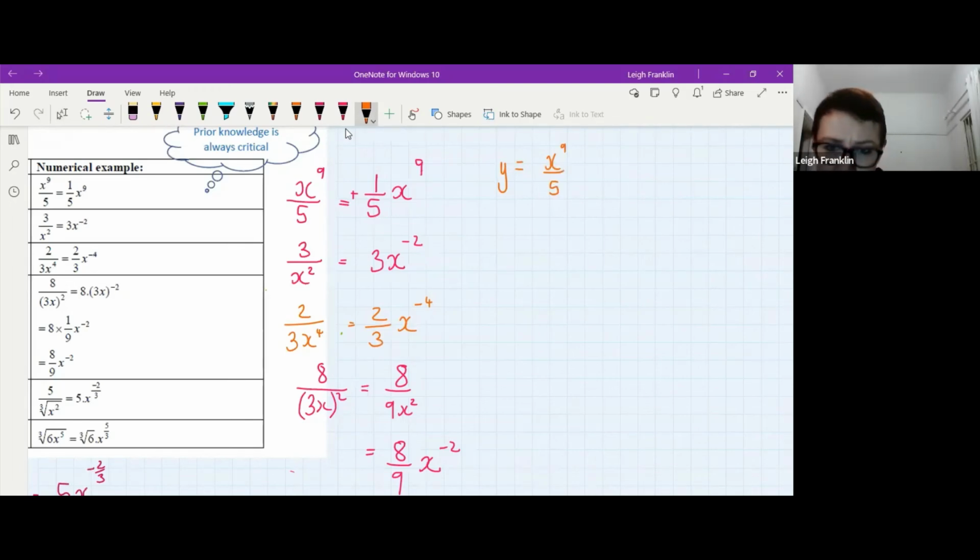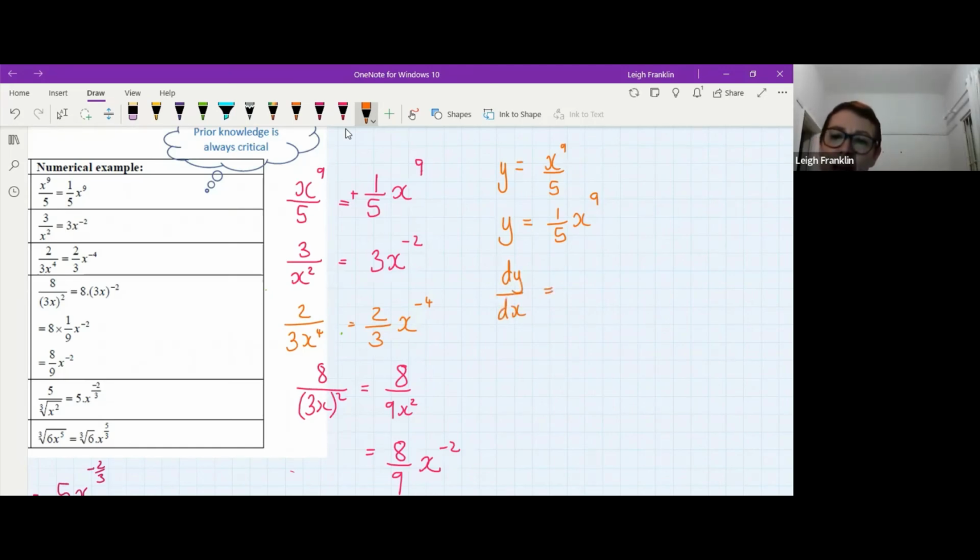Okay, so now take note of the notation. I'm not deriving. I'm preparing my statement for differentiation. So I'm separating my coefficient. I'm putting my x into the numerator, what it was in the numerator. Now I'm ready to derive, because my coefficient is separated, my variable is in the numerator, and I can see what my exponent is. So now if I've been given y, I'm going to write the derivative of y with respect to x equals.